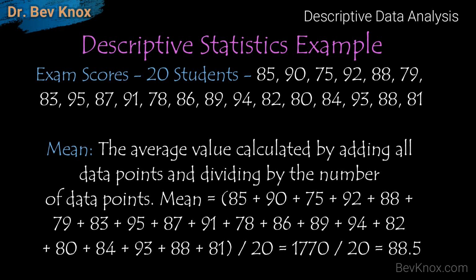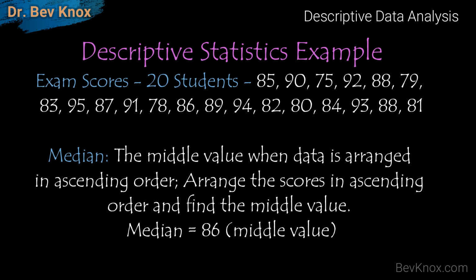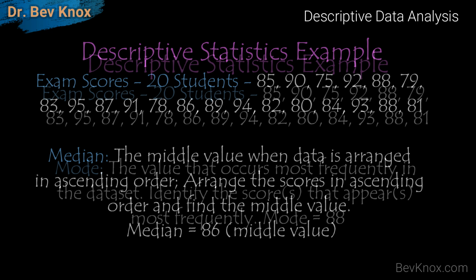So divided by 20, and it equals 88.5. So that would be the mean. Next, the median is the middle value when data is arranged in ascending order, less affected by outliers than the mean. So arrange the scores in ascending order and find the middle value. So that would be 86.